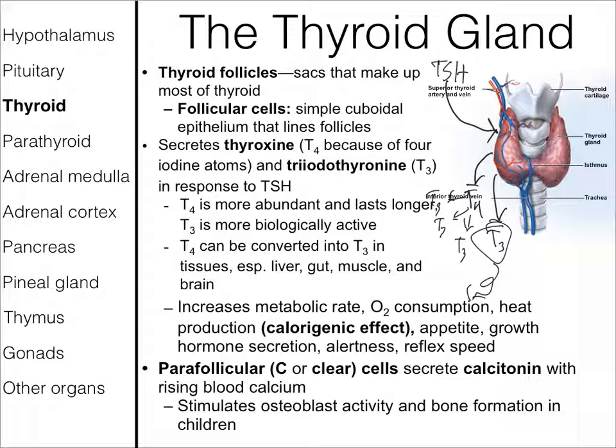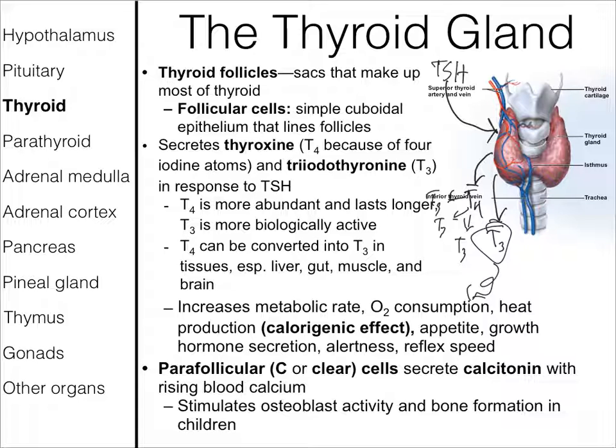Since burning sugar to make ATP takes oxygen, it's going to increase the amount of oxygen consumption. Since some of the energy that is released when you burn food turns into waste heat, not all of it is captured in the form of ATP. Not even most of it is captured in the form of ATP. The more thyroid hormone you produce, the more your metabolic rate, the more heat you produce.